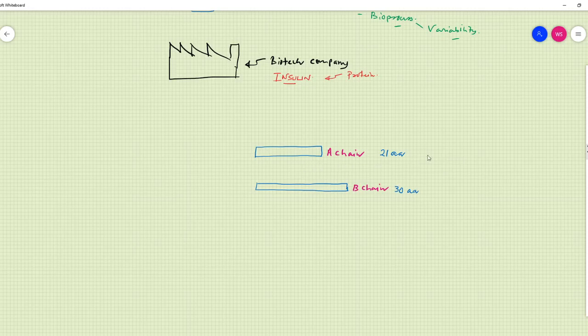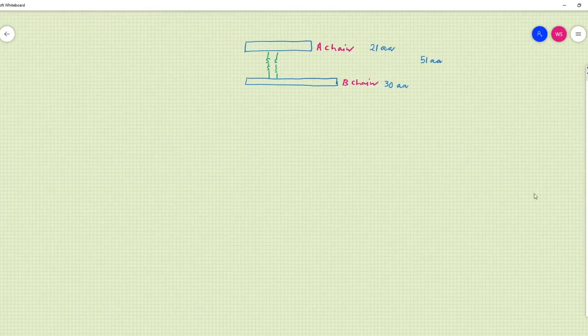So the total number of amino acids for insulin is 51. These two chains are linked by disulfide bonds. Okay, so this company is trying to produce insulin. This is the goal of the company.